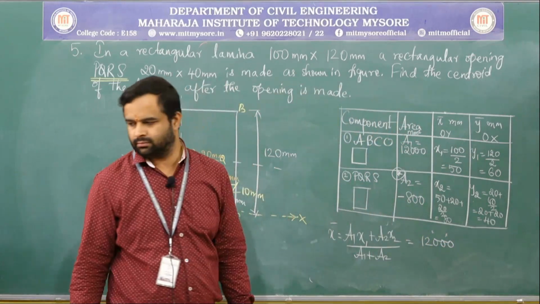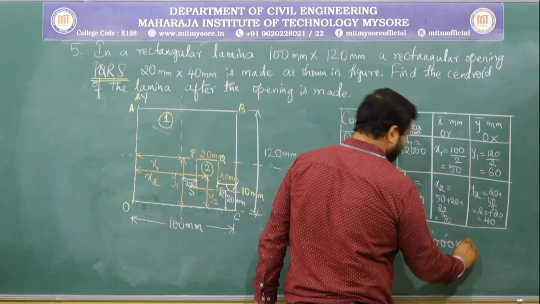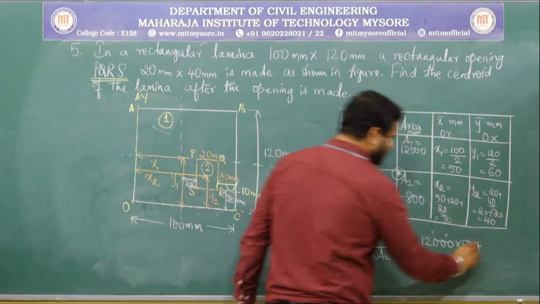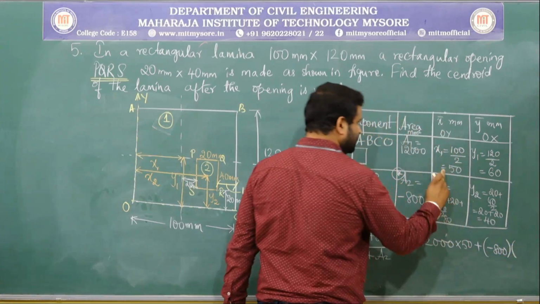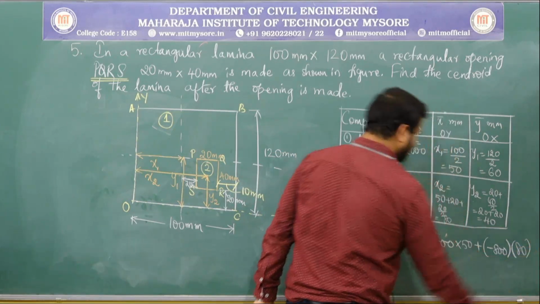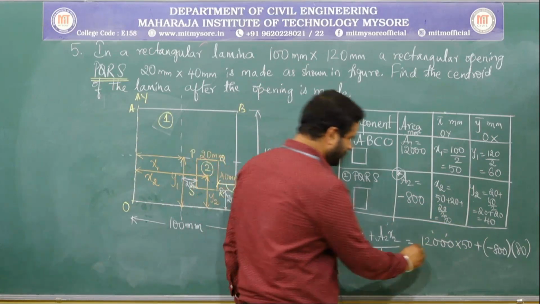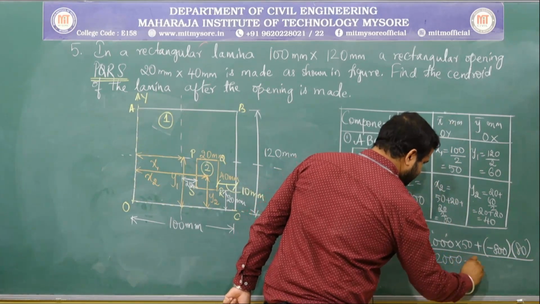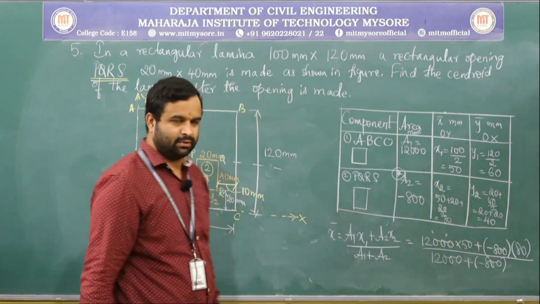Okay, let us see, which is equal to a1 is 12,000 and x1 is 50, plus what is a2? It is minus 800 into x2, 80, divided by 12,000 plus minus 800 in bracket.